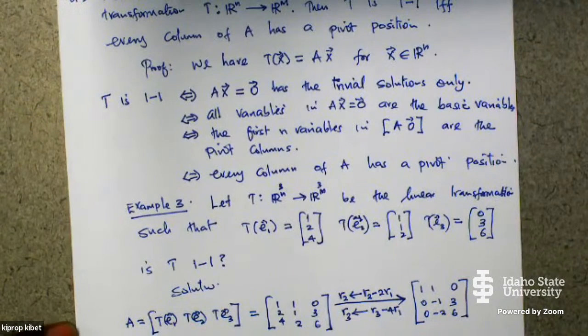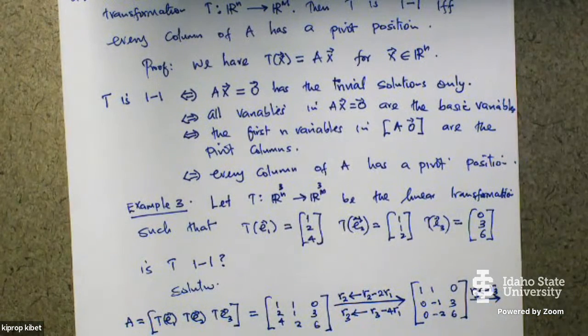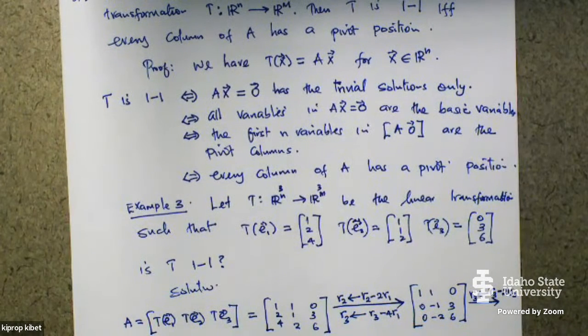Now again, we can reduce the last one. To get the new R3, it is R3 minus 2 R2.